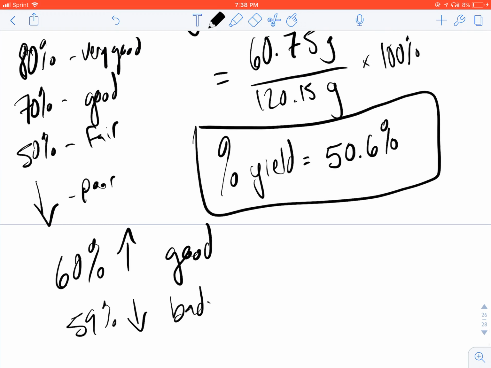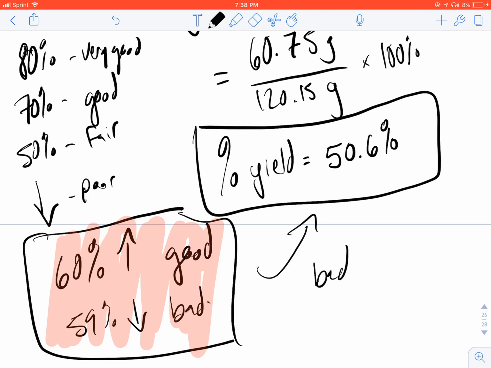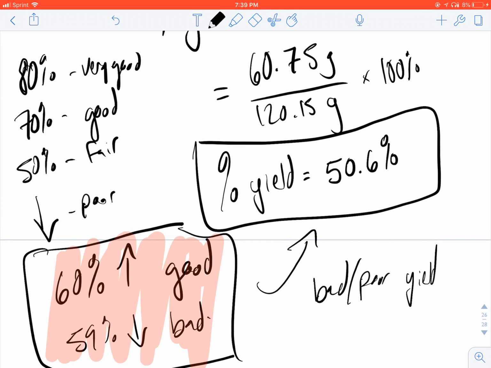So if we were using this scale instead, we can say that this is a bad or poor yield. So that tells us that something's wrong with our experiment. We need to fix something because we're wasting a bunch of stuff.